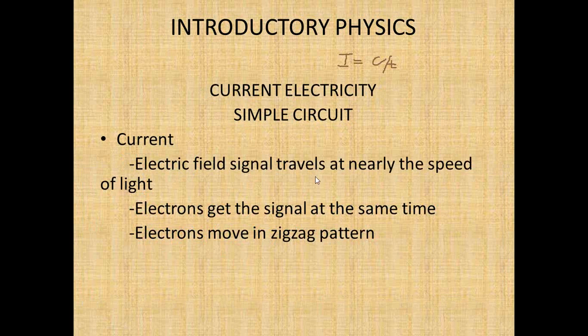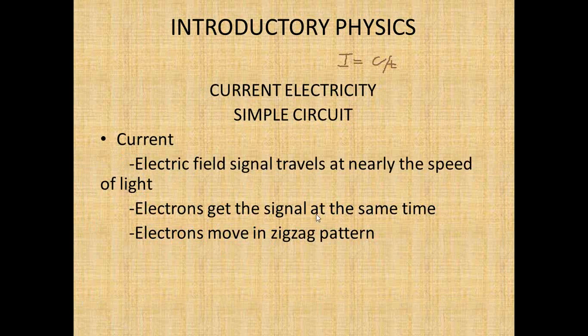So again, when you turn your light switch on, the electric field comes up right away, and it causes the electrons to start moving. And then the electrons closest to the light source are going to light up the light source, and then the ones behind are going to come up, just like the water in your tap.